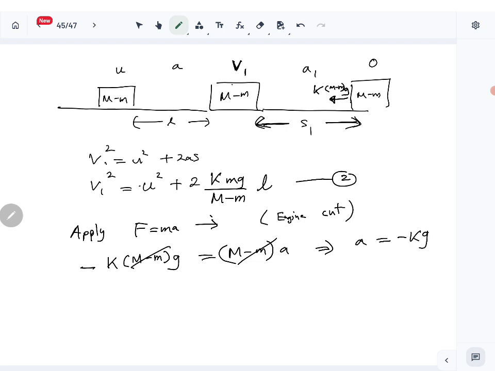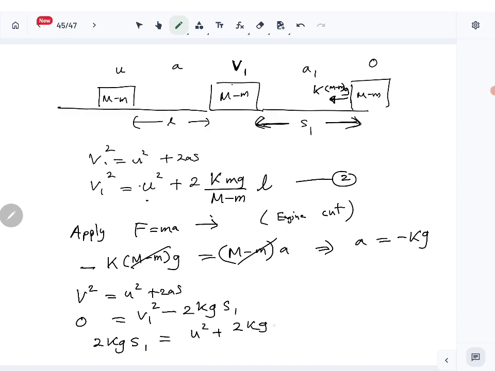Right. So for that section, let's apply v squared equals u squared plus 2as again. So you will get 0 equals v1 squared minus 2kg S1. So 2kg S1 is equal to v1 squared, which is u squared plus 2kgmL over M minus m.